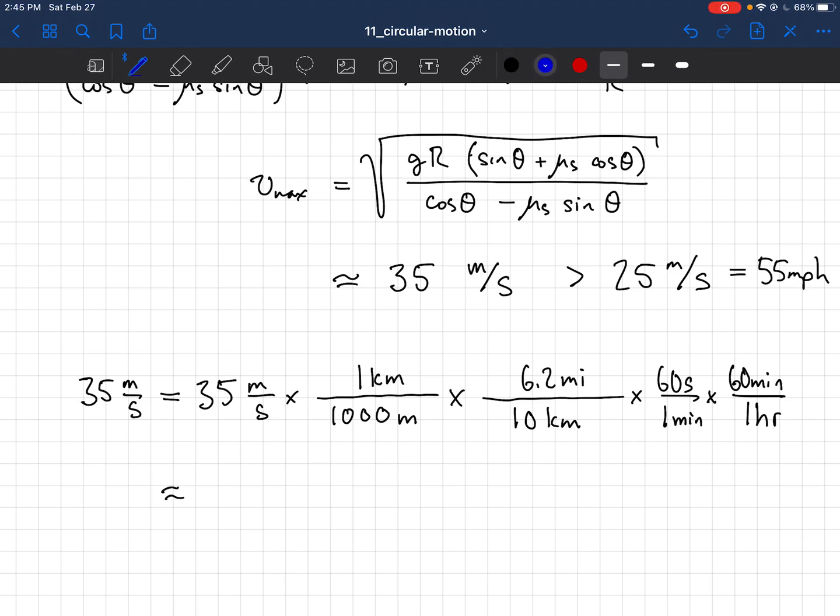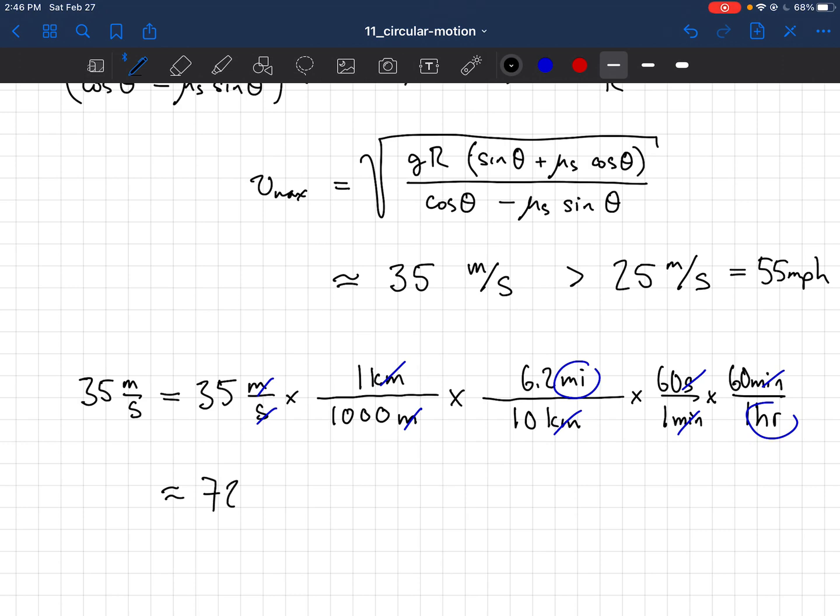Meters cancel, kilometers cancel, seconds cancel, minutes cancel, and we're left with miles per hour. So the answer is 35 times 1 over 1,000 times 6.2 over 10 times 60 times 60.